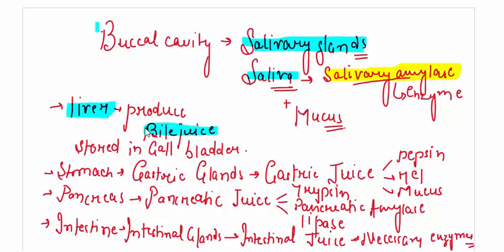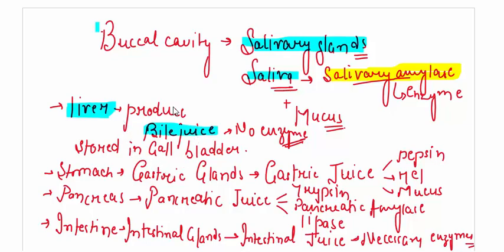You have to remember one point here: bile juice doesn't contain any enzyme. Here the bile pigments are present, bilirubin and biliverdin, along with cholesterol. Bile juice has a very important role in the digestive process that we will discuss.